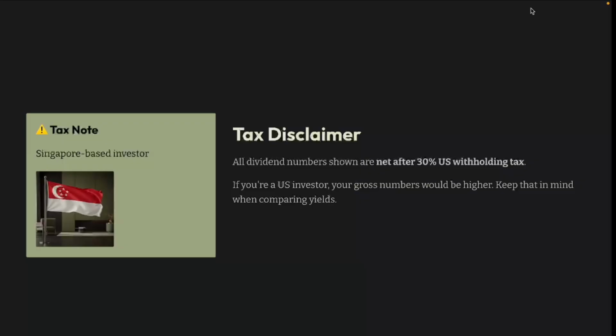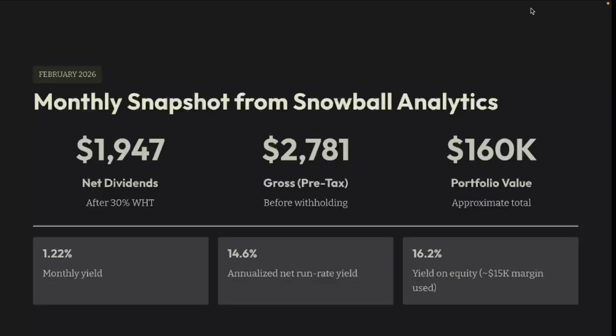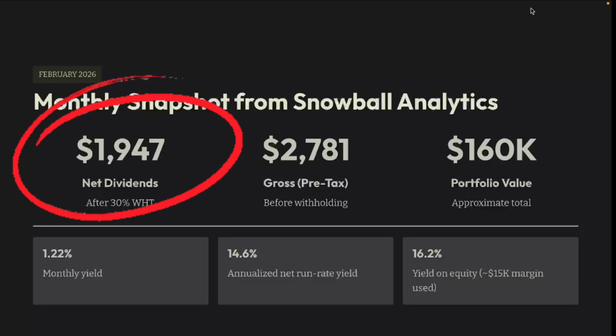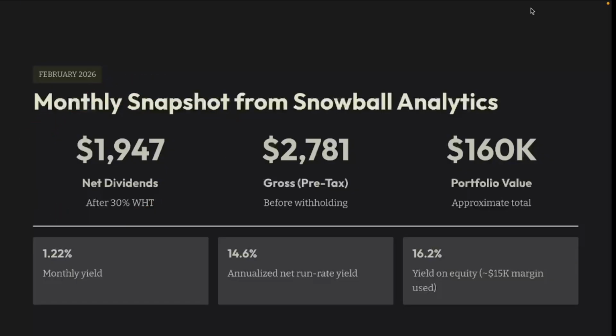Alright, let's start with the February snapshot. The numbers that are shown here are all from my Snowball Analytics. I do share my portfolio publicly, so please click the link in the description if you want to check out the whole portfolio. So for February 2026, the net dividend income received is $1,946.83.